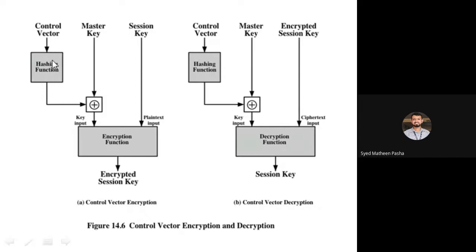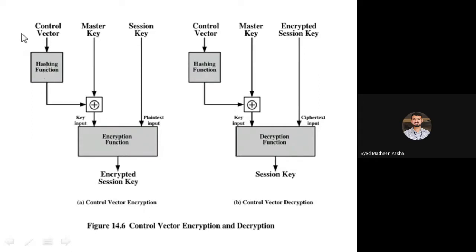It will take the function of the control vector as another input, with the help of which another key is generated. The output of the master key generator is a key, and that key is sent as an input to your encryption function.